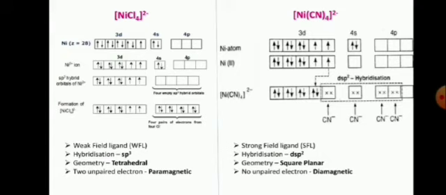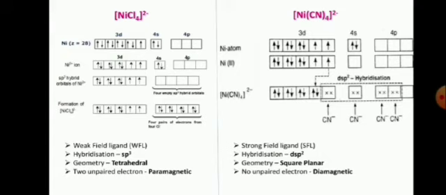The only thing that you need to understand over here is, if there is a strong ligand, there will be jumping, there will be pairing, if necessary. If there is a weak field ligand, it will not be able to move the unpaired electrons, and hence the hybridization will be of the outermost orbitals.